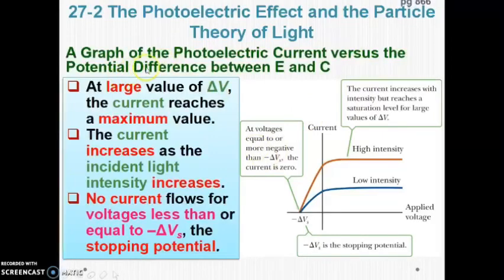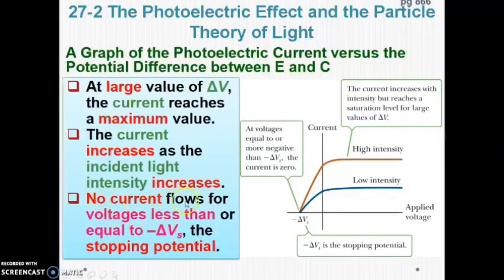So here is the graph of the photoelectric current versus the potential difference between the emitter and collector. At large values of delta V, the current reaches a maximum value. The current increases as the incident light intensity increases also.